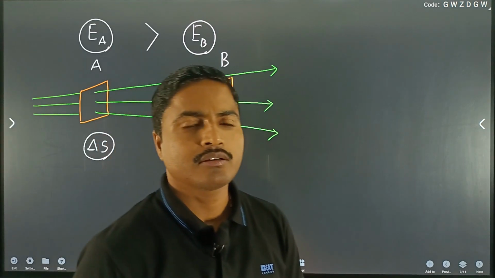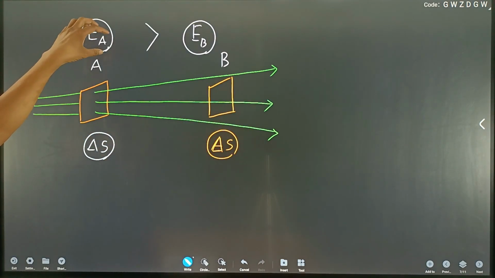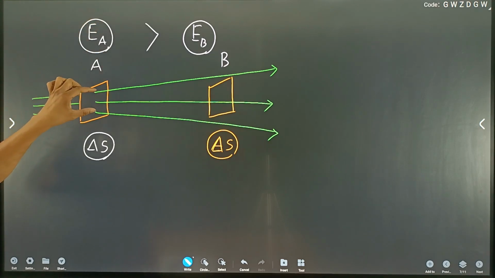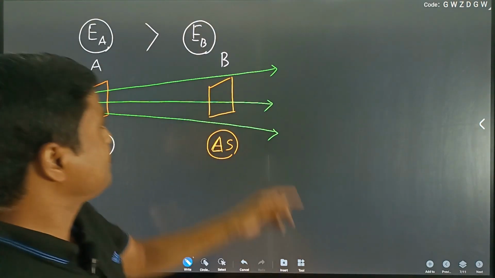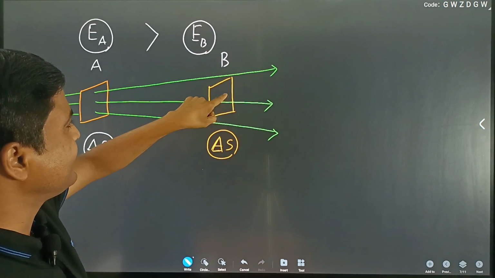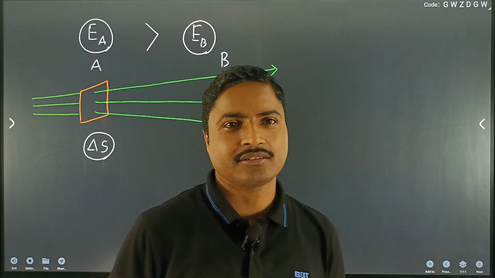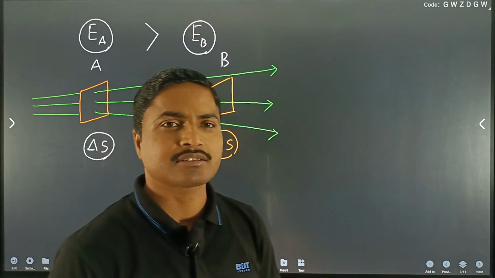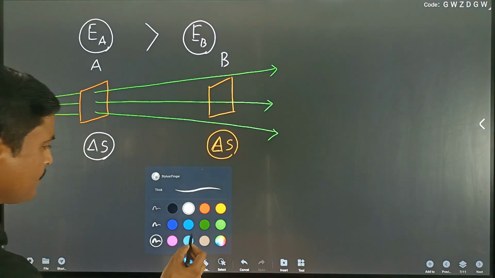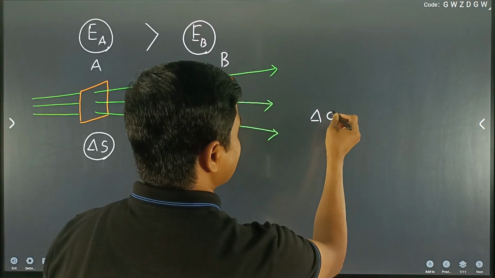Clear? That means if the electric field intensity is greater, the number of field lines crossing through this small area element is also more. If the electric field intensity is less, then the number of electric field lines crossing through this small area element is also less. And finally we get the flux, that is del phi.